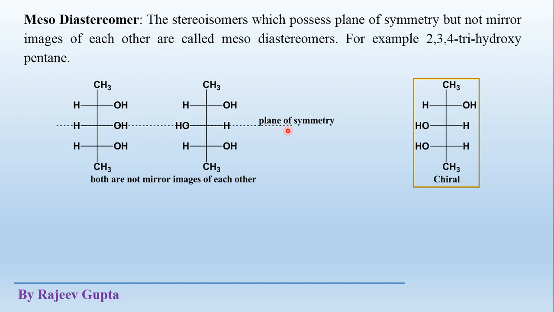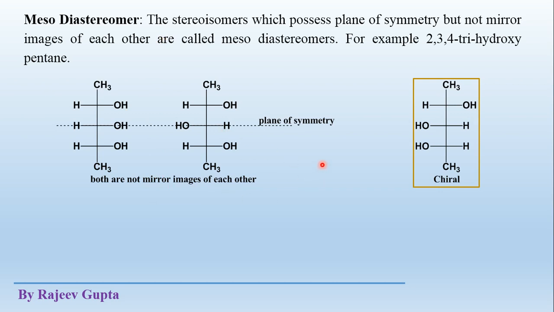When we apply a plane of symmetry, only one molecule is considered, but when we look at the relation between two molecules, we apply a mirror between the two molecules. These are not mirror images, so these are diastereomers.